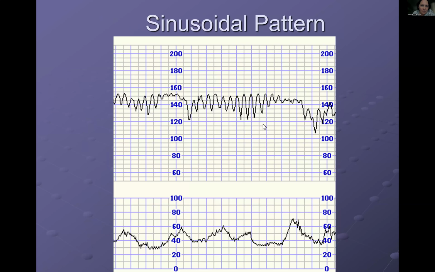But if it is prolonged, like more than 10 minutes, and it doesn't change, and especially if you already are suspicious that it might be a case of hydrops, if you leave it there without intervening, there is a risk of stillbirth.